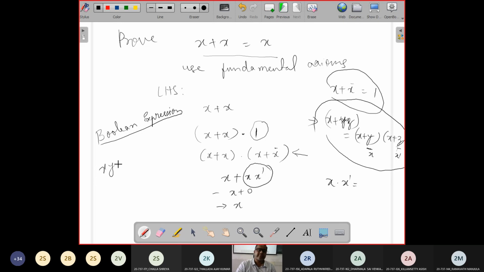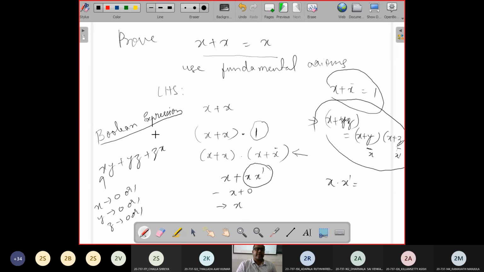I can have an expression like xy plus yz plus zx. This is a Boolean expression, where every variable is a binary variable. x can take only 0 or 1, similarly y can take 0 or 1, and z can take a value 0 or 1.